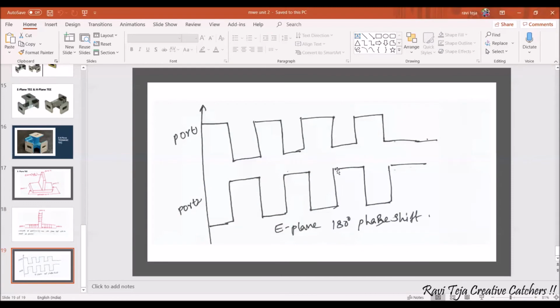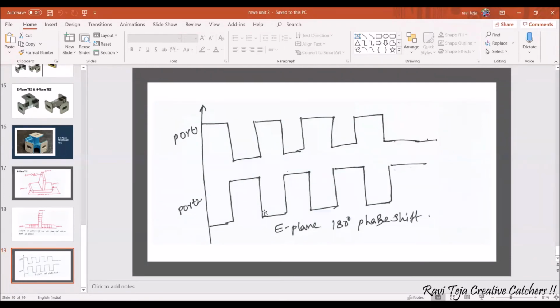Suppose the signal we obtain from port 1 as an output has a positive cycle like this. The signal obtained from port 2 as an output will have this negative cycle. So there is a 180 degree phase shift difference between the two. If a positive cycle is coming from port 1, port 2 will have a negative cycle. If a negative cycle is coming from port 1, port 2 will have a positive cycle.